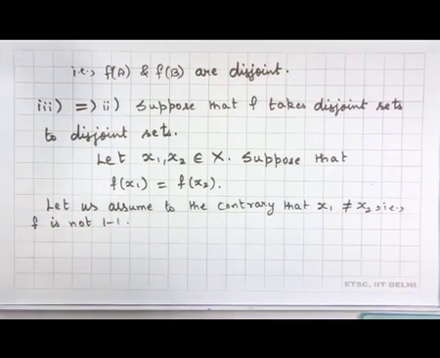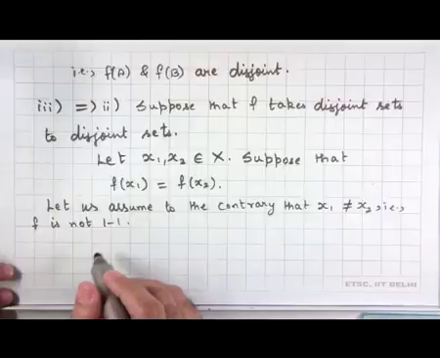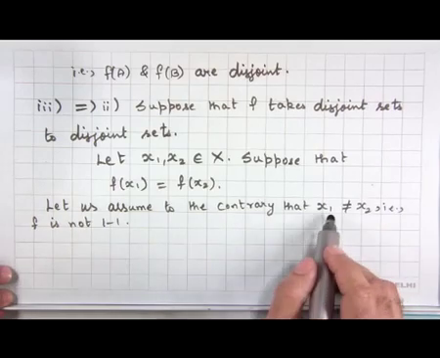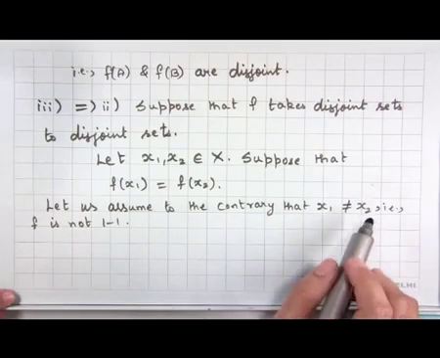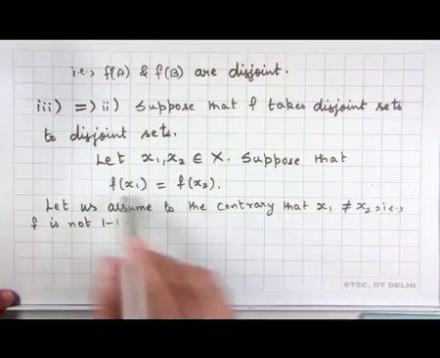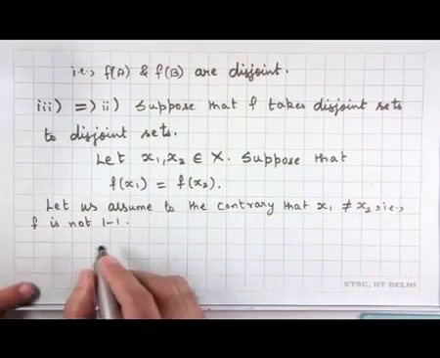What we have assumed is that f is not 1 1. Now, we will produce a contradiction. How to produce a contradiction? What we have is two distinct elements x 1 and x 2, but f of x 1 equal to f of x 2.